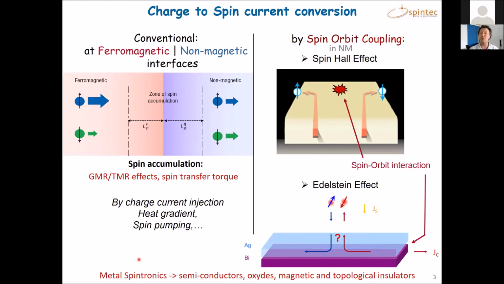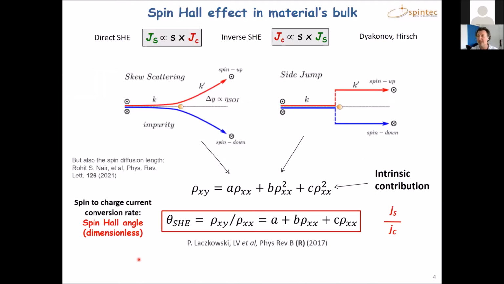In the case of the spin Hall effect, just a quick reminder, there is the direct and inverse spin Hall effect that allows you to transform a charge current into a spin current and vice versa. There are several mechanisms at the origin of it, and one of the key parameters that has been put forward is the spin Hall angle. Nonetheless, not only the spin Hall angle is important, the resistivity and conductivity of the materials matter too.